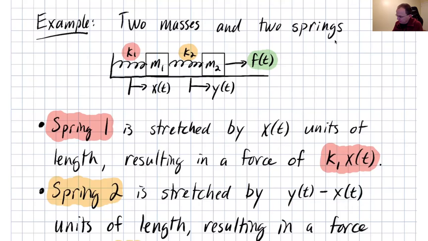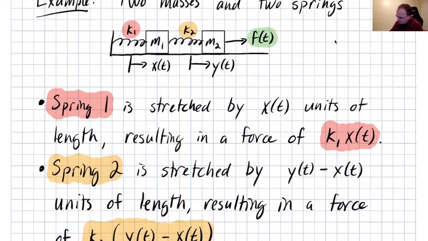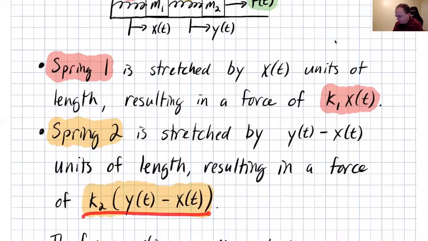The same thing goes up here. If x of t was negative, we're thinking of compressing the spring, even though I keep using the word stretched in both places. We're looking at stretching and compressing the spring. So this is the amount by which spring 2 is stretched or compressed, and that results in this amount of force. It's the spring coefficient k2 times this distance that the spring is stretched.